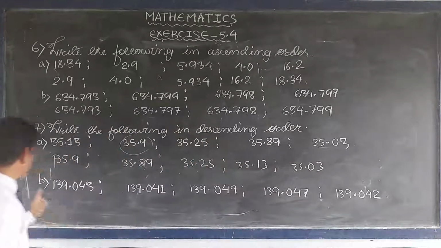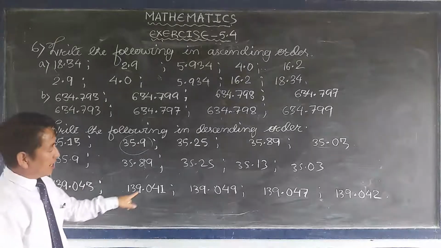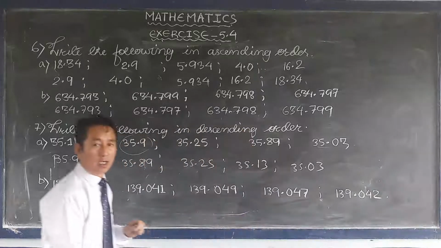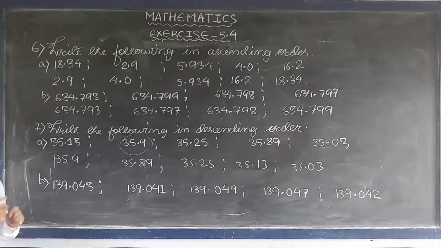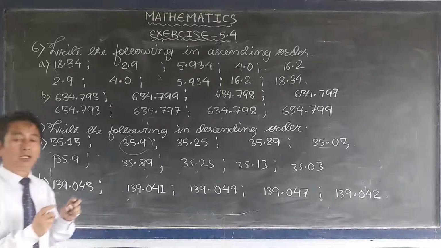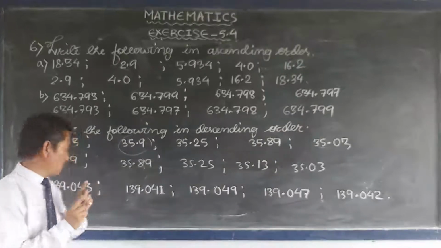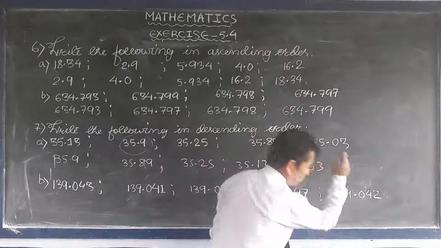Now next, question B. 139, 139, 139, 139, 139. They have the same whole number. Now next step, we compare the first digit after the decimal point. 0, 0, 0, 0, 0.